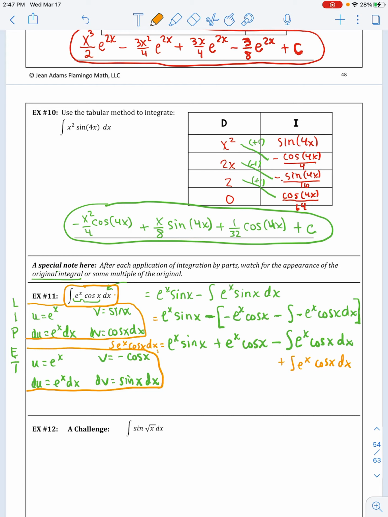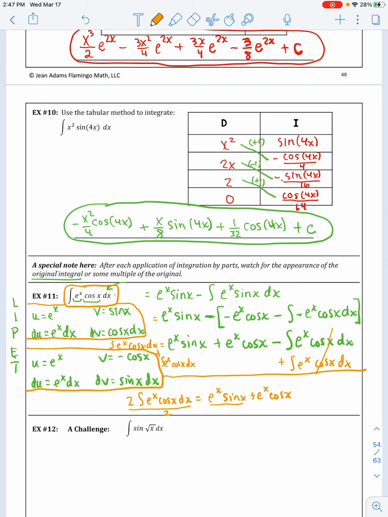So if I added this to this side too of the equal sign, I would have two of them on the left-hand side. Look, that one goes away. I now have 2 integral e to the x cosine x dx is equal to e to the x sine x plus e to the x cosine x, okay? Because that one went away, but I brought it in over here.